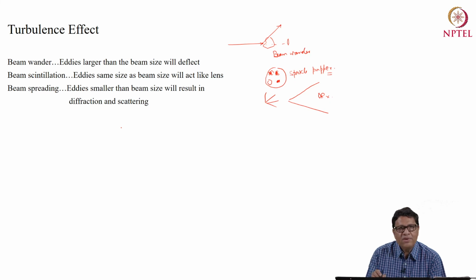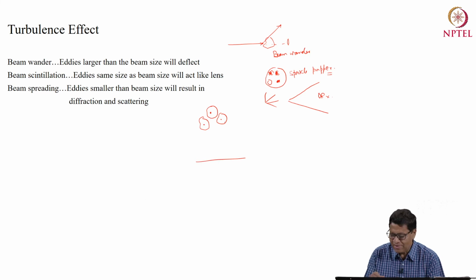In beam wander, when the laser beam travels through the atmosphere, the hot spot where the energy is maximum keeps changing. There is a snake-like movement. Sometimes the hot spot is here, sometimes here.